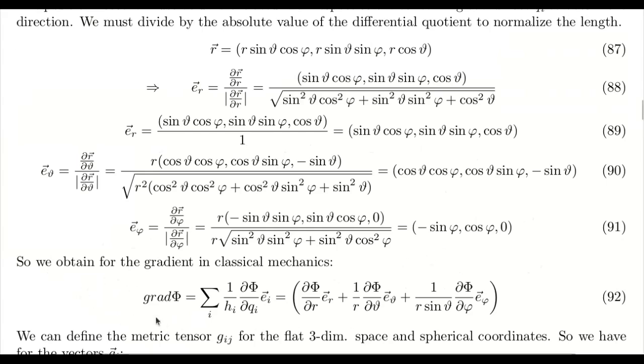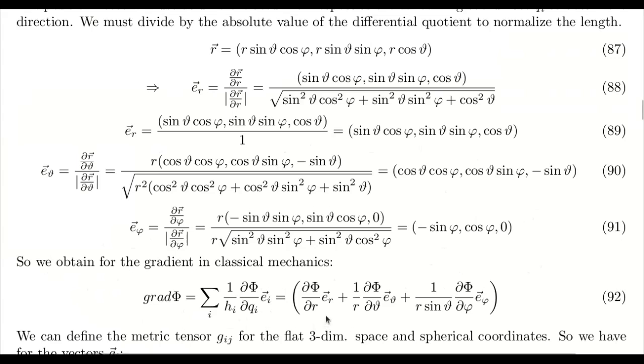Then we can write for the gradient, that should be clear from classical mechanics, but we do it again here, the derivation of that. The gradient of function phi is then, we have the differential quotient and the unit vectors, and we have in front here a factor h_i, that's the absolute value of the calculation here.